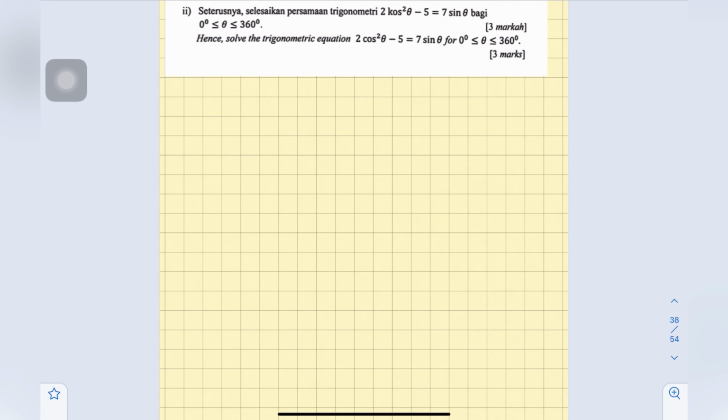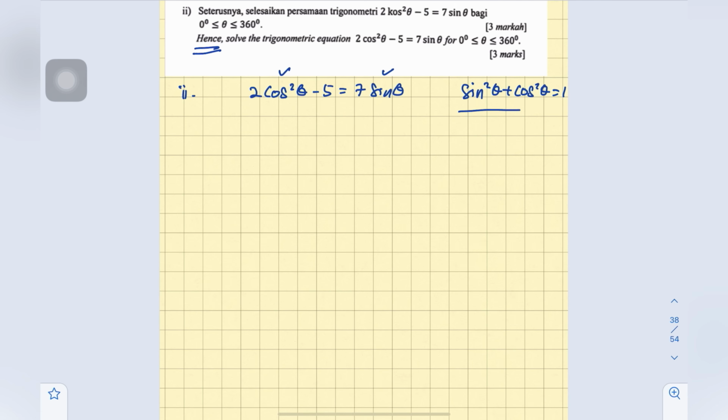Roman 2, hence solve the trigonometric equation 2 cos squared theta minus 5 equals 7 sin theta for theta from 0 to 360. Since it says hence, we need to use the previous information, sin squared theta plus cos squared theta equals 1. To solve, we need to find the angles, theta. Here cos and sin are not uniform, so you have to make it uniform.